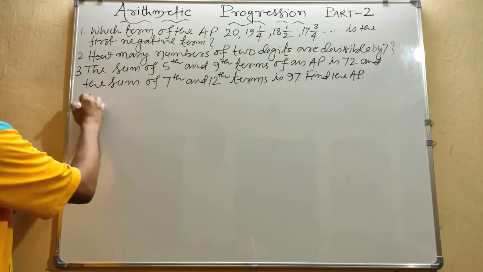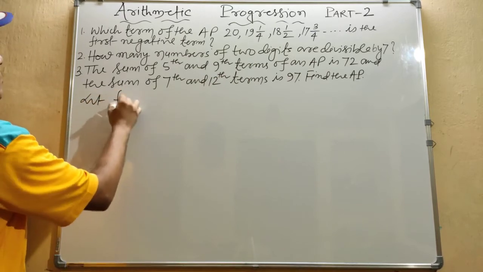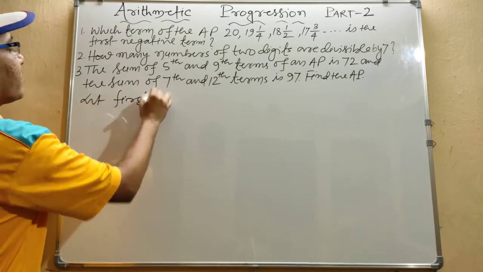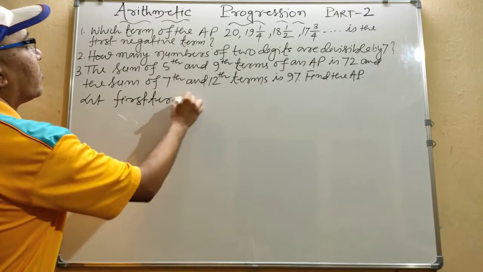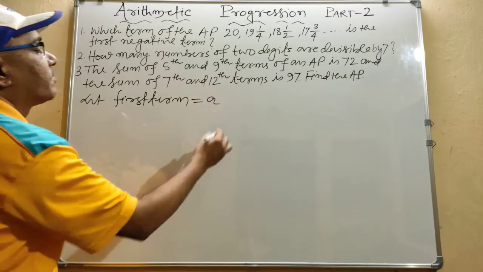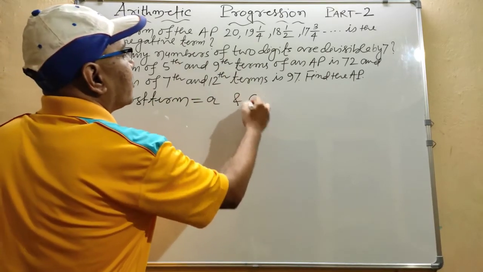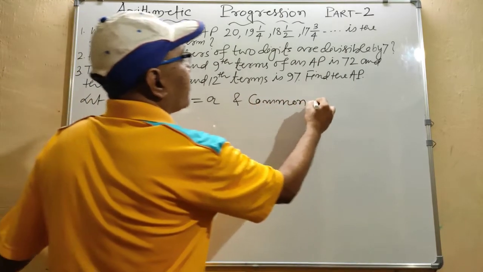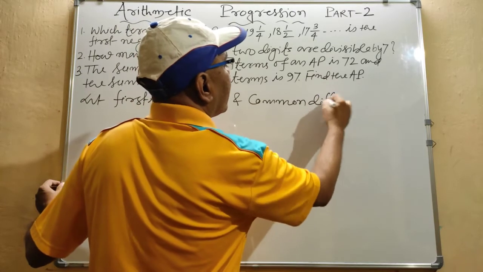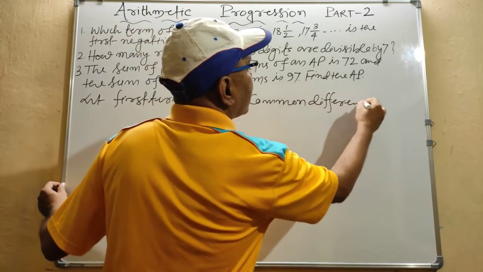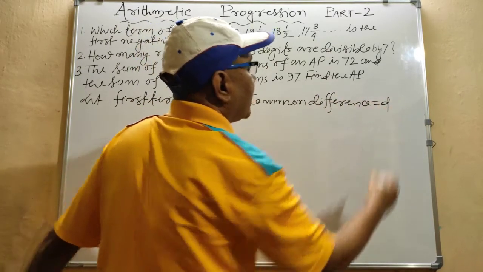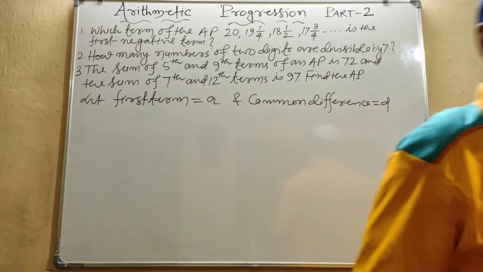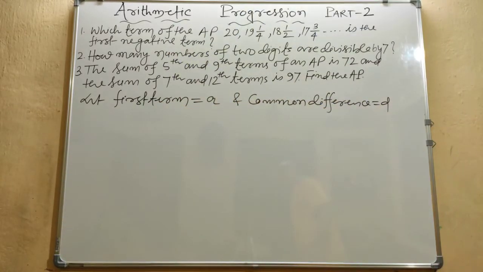You write simply, let the first term be A and the common difference be D. First term is A and common difference is D.